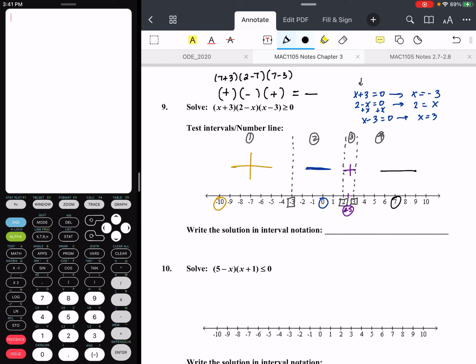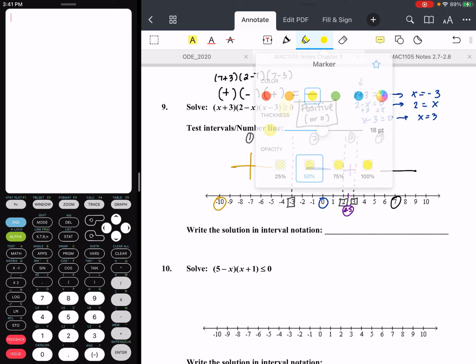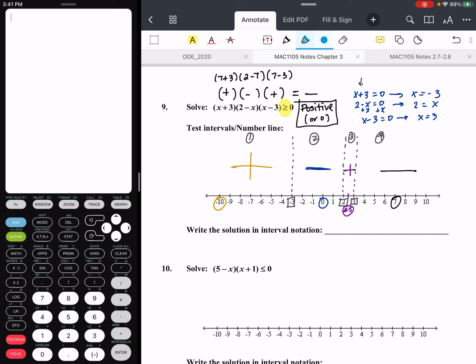Okay, so going back to the original question, I want those factors to multiply to something that is greater than or equal to 0. Values that are greater than or equal to 0 are either positive or 0. So I'm looking for positive portions of my interval, right? So my final answer is only going to display the positive intervals.